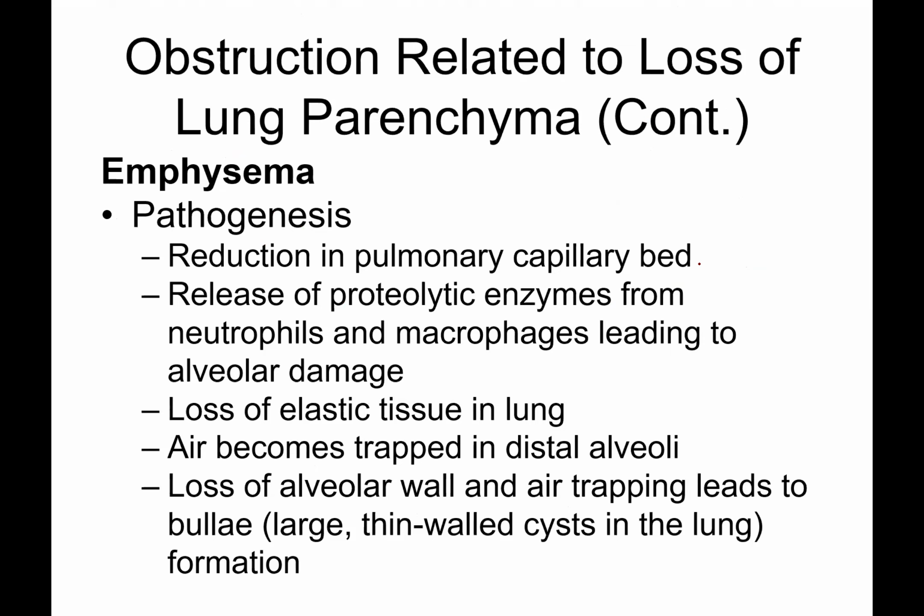All right, you get a reduction in pulmonary capillaries, which means you're going to have decreased oxygen and gas transfer. The constant influx of your Pac-Mans create damage. So the macrophages and neutrophils. Okay, you start to lose the elastic tissue and lung.